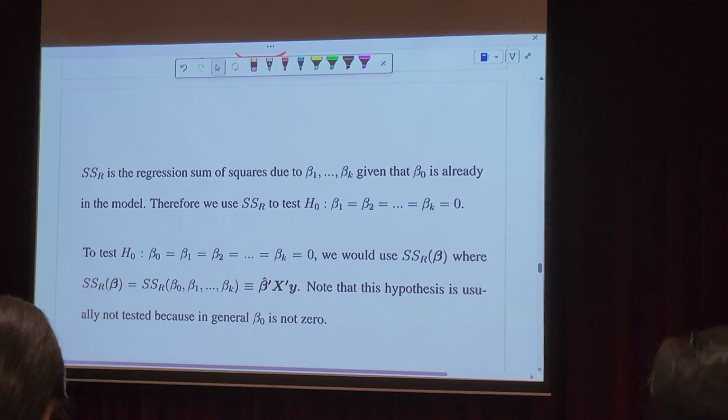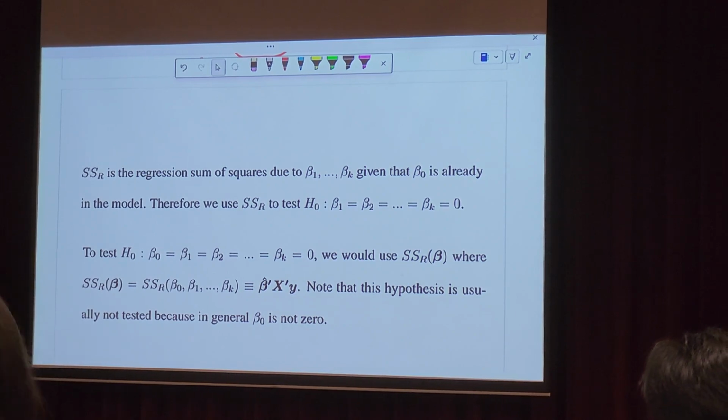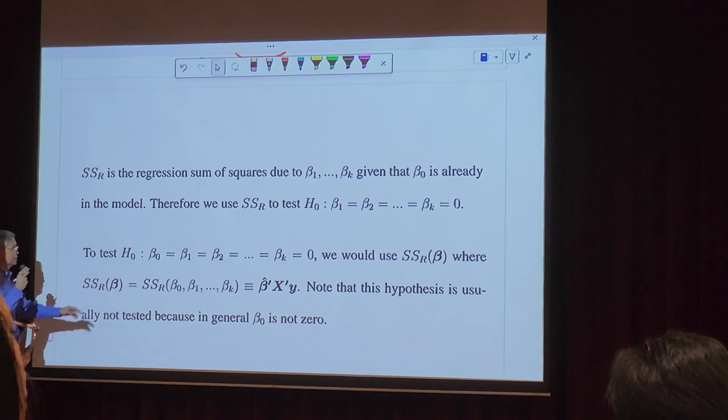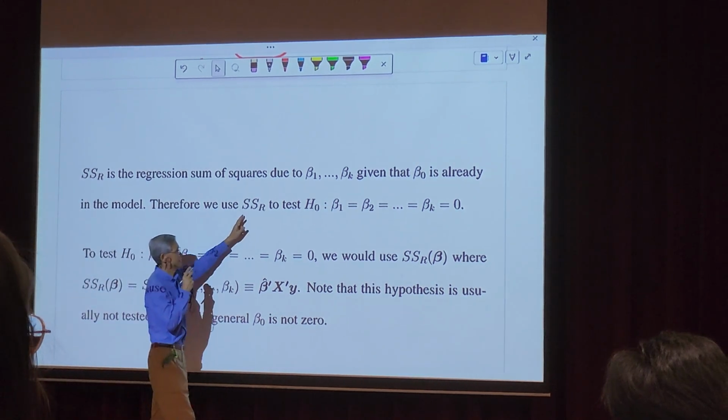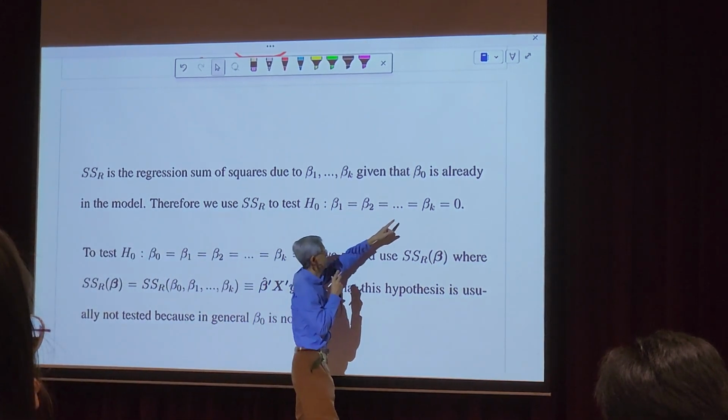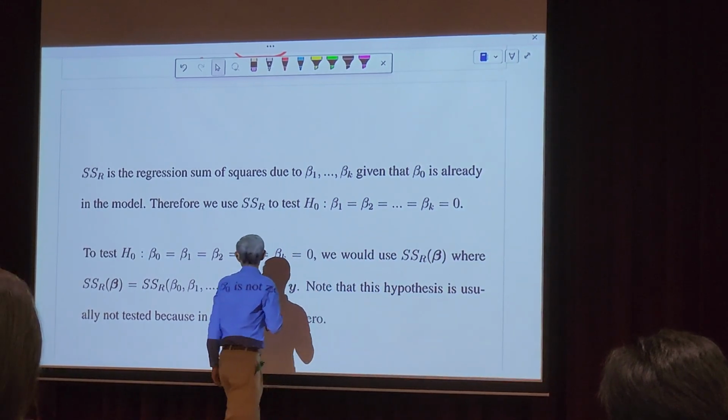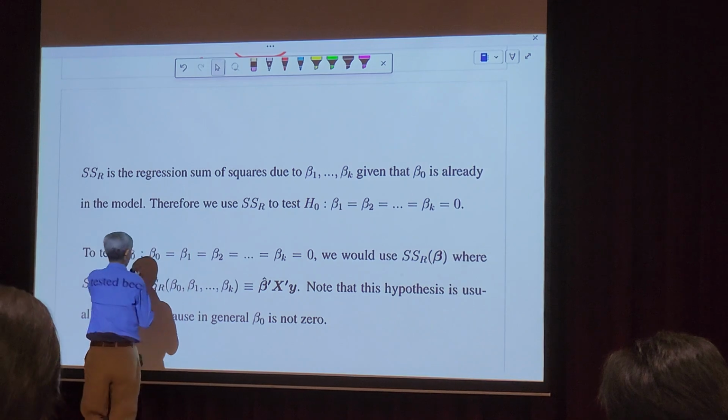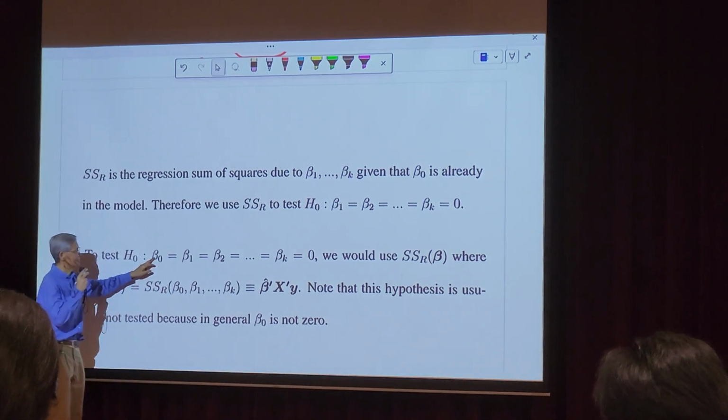So to summarize, SSR is the regression sum of squares due to beta 1 up to beta k, given that beta naught is already in the model. Therefore, we use SSR to test beta 1 up to beta k.